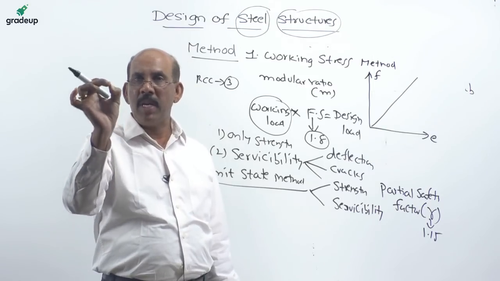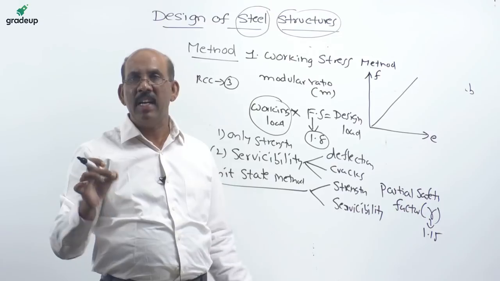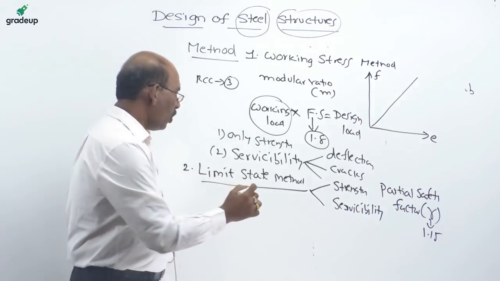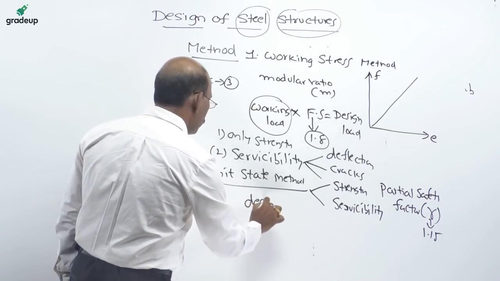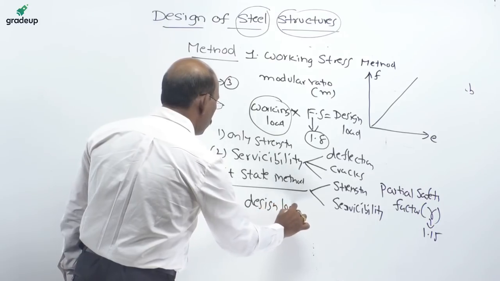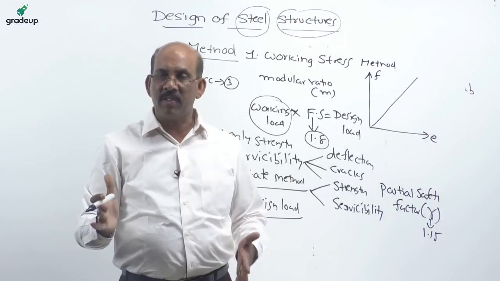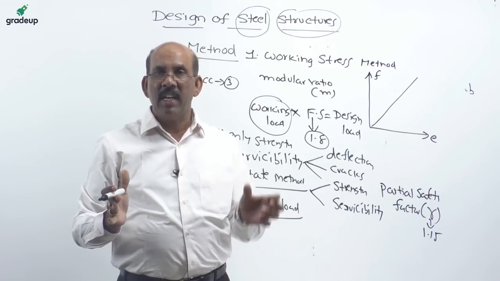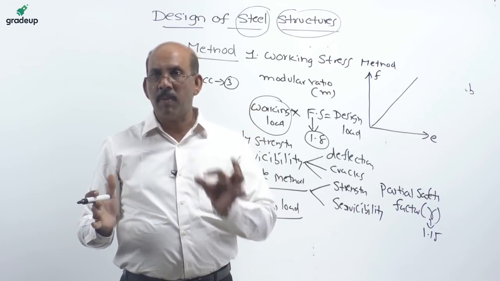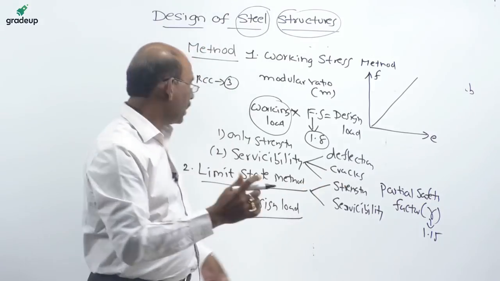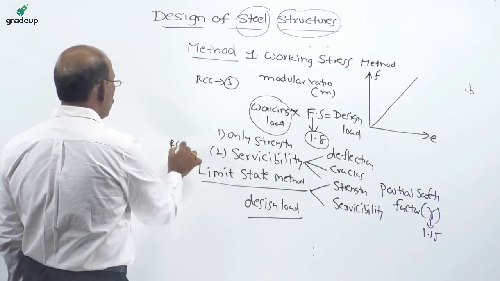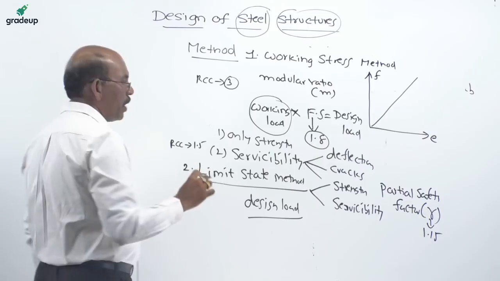Hence the minimum factor of safety is considered. Naturally the design load, when you multiply the working load with the factor of safety, takes a very low value of 1.15 for steel, whereas for RCC it is equal to 1.5.